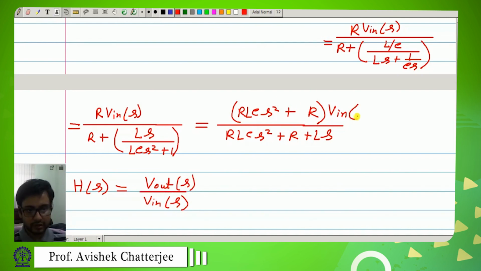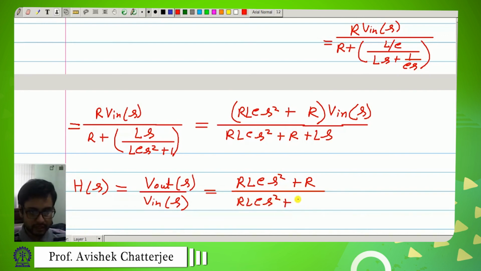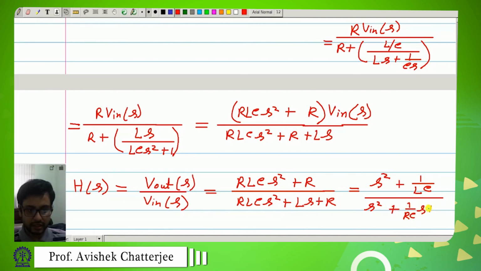So H(s) will be V out by V in. This is V out. If you divide this with V in, you will get RLCs square plus R divided by RLCs square plus Ls plus R. You may now simplify it if you want. s square plus 1 by LC divided by s square plus 1 by RC s plus 1 by LC.